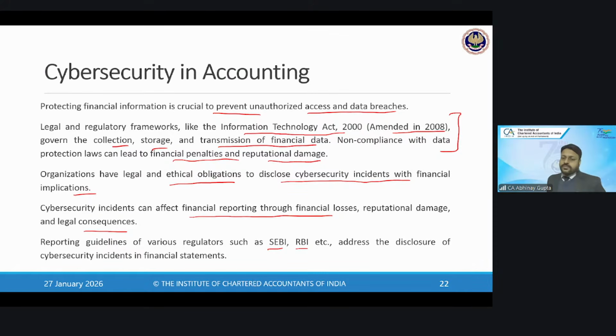Now, suppose the company is using some ERP or cloud computing technologies or whatever they are using, and somehow some cyber attack has been carried out by some hackers, and they were able to steal the information which the company otherwise wouldn't have disclosed to the general public.